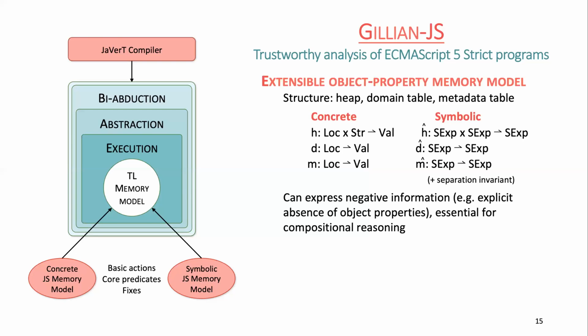So we really need to add this to what we're doing with the heap model and the values. Inside these values, we've got negative information that's not being highlighted. At the level of JavaScript, it's saying, given a location and a property, you really know that that property is not in the object that you're working with. This is essential for compositional reasoning.